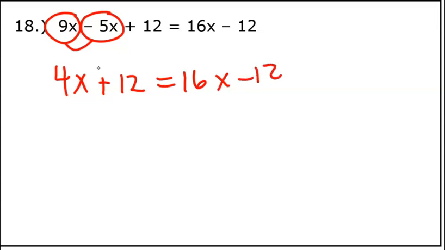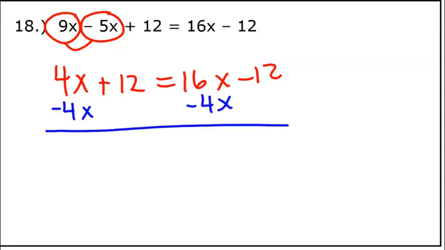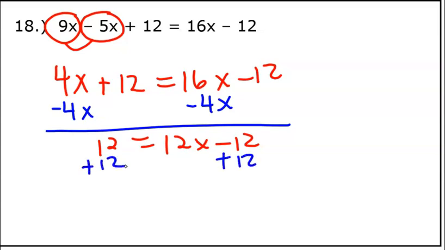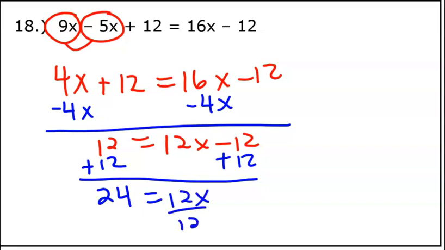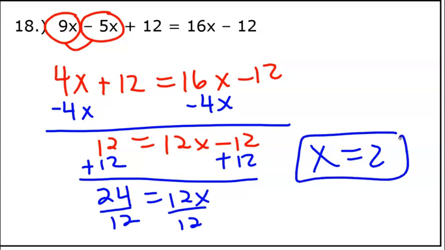It says minus 5x. Now, when I use my inverse operations and I subtract 4x from both sides, I'm going to get 12 is equal to 12x minus 12. That's a lot of 12s. But when I add 12 to both sides, the left side becomes a 24. And when I divide by my coefficient, I get my final answer of x equals 2.